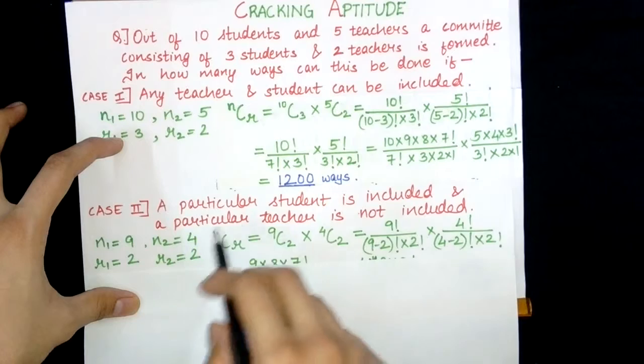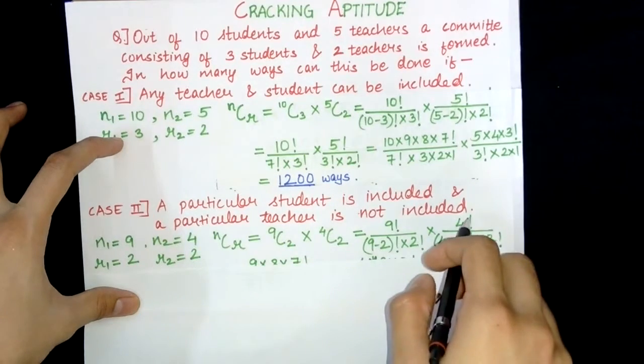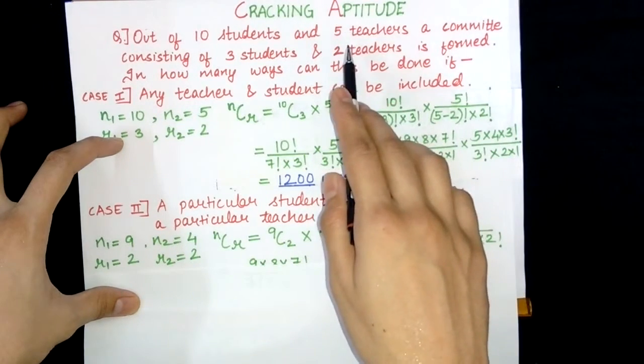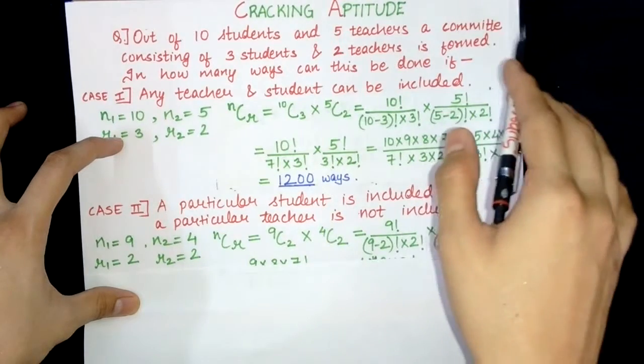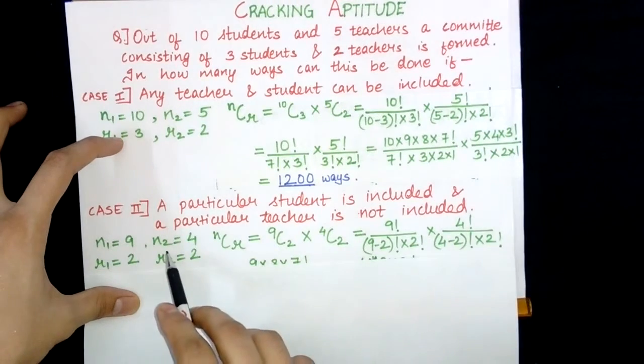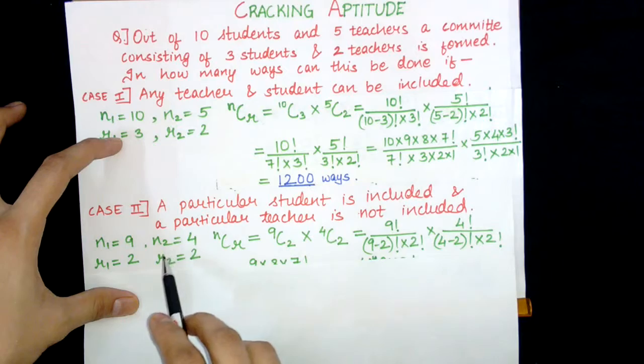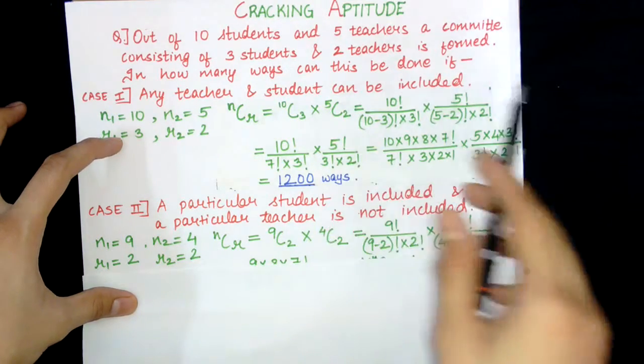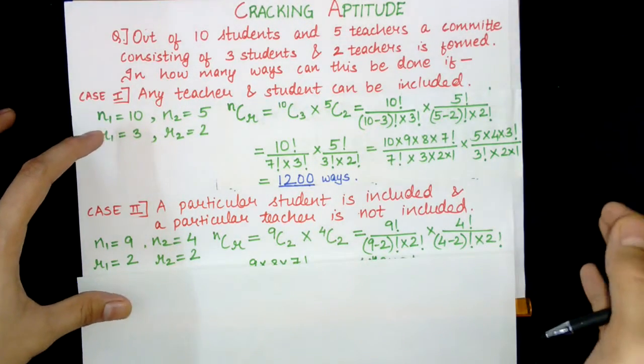N2 becomes 4 because a particular teacher is not included. So out of the total 5 teachers, a particular teacher is not supposed to be included. So N2 becomes 4, and R2 is 2 because 2 teachers are supposed to be on the committee.